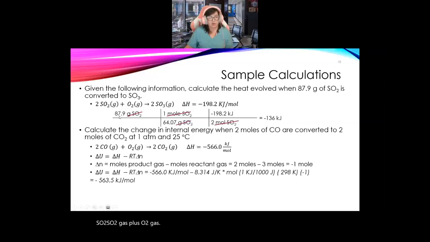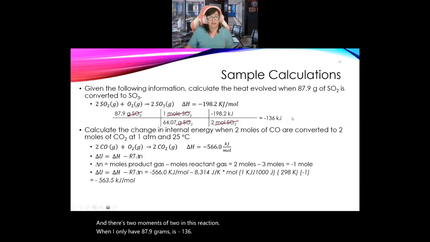So if I have 87.9 grams of SO2 and it's 64.07 grams of SO2 per mole, and there are 2 moles of SO2 in this reaction and 198.2 kilojoules per mole, then when I only have 87.9 grams, this reaction is negative 136 kilojoules.